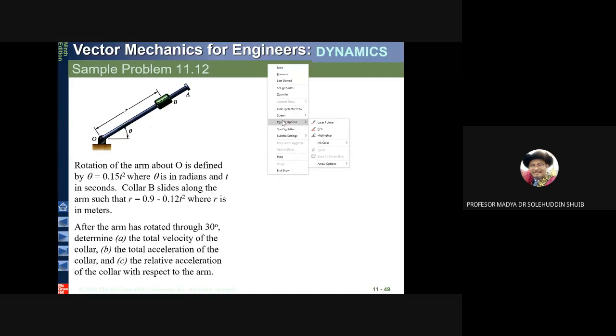For part B, we want to find acceleration. Just now we have obtained velocity of B. Now we want to find acceleration of B.